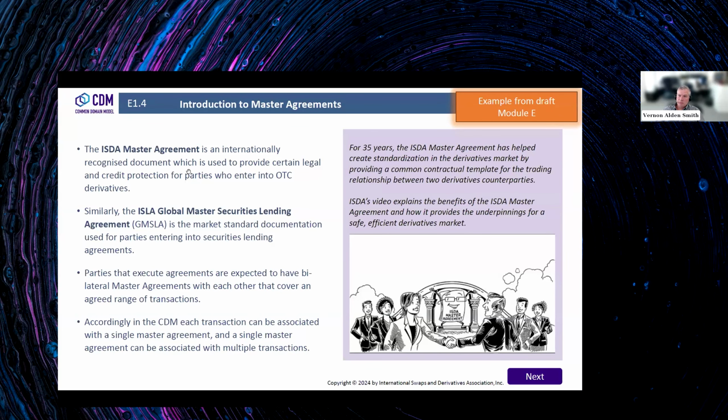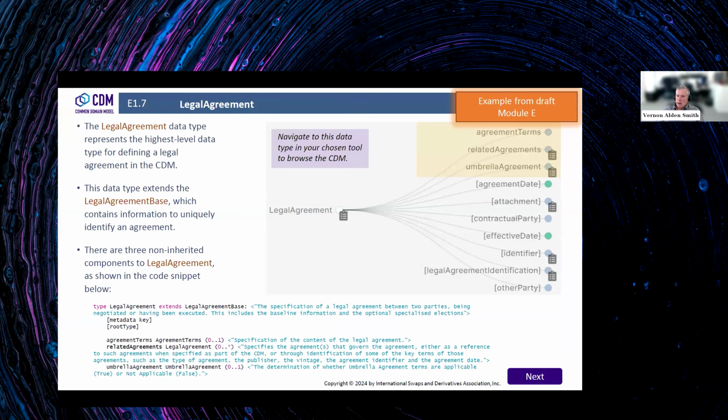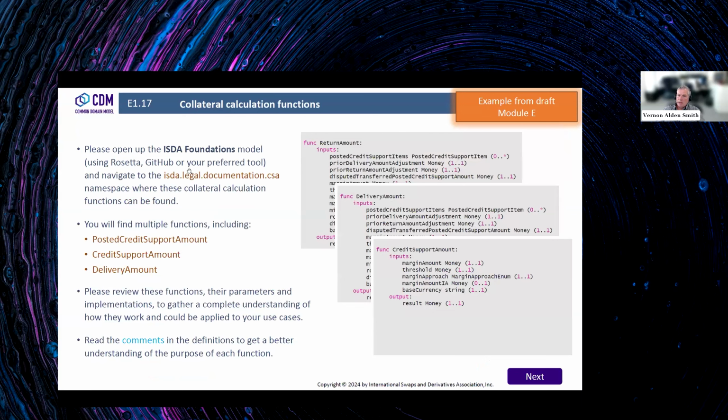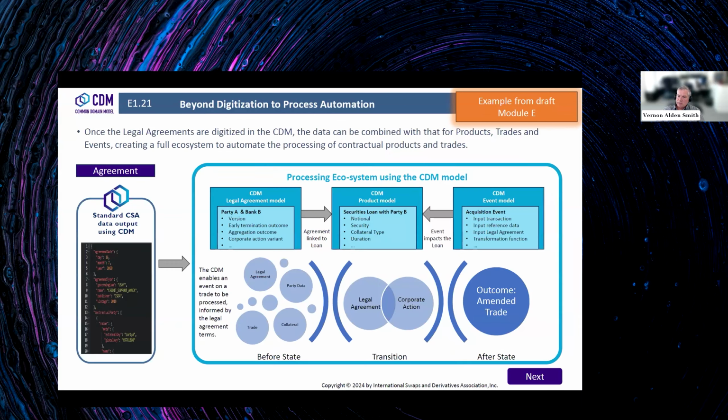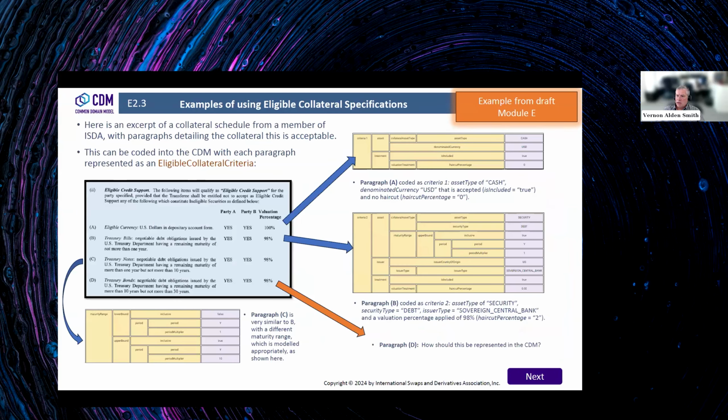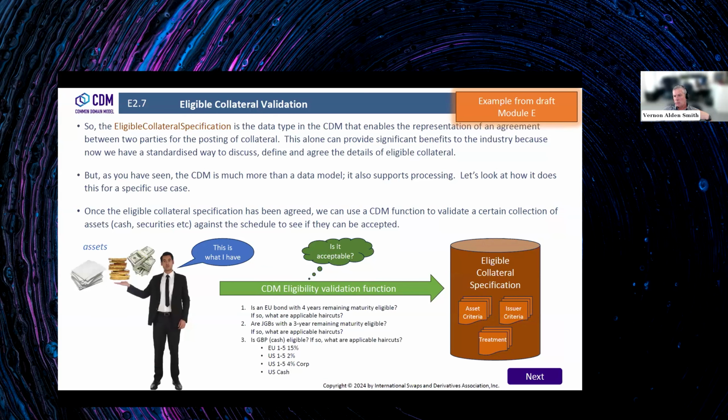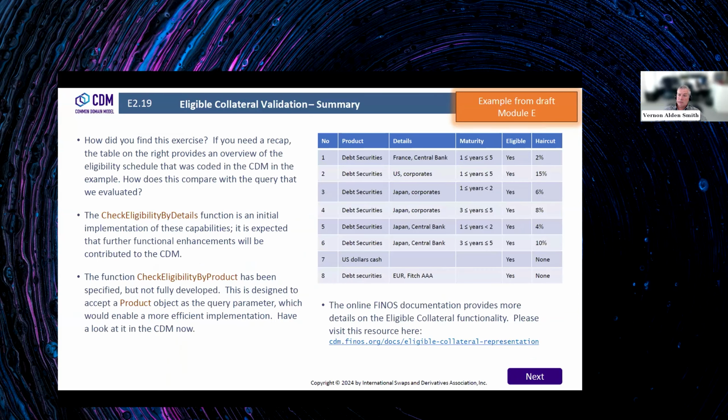So, describing different forms of legal agreement, how the CDM can be used to develop legal agreements, which we've gone through today, and other information about different areas of CDM. Then it goes into other use cases, how the model can be used and extended into a UI we've developed for eligible collateral purposes. So quite a lot of information. As I say, I won't go through this in detail. This is all available if you're able to download the models directly from the ISDA website, and you can look at them in your own time, and it will hopefully answer all the questions that you may have.